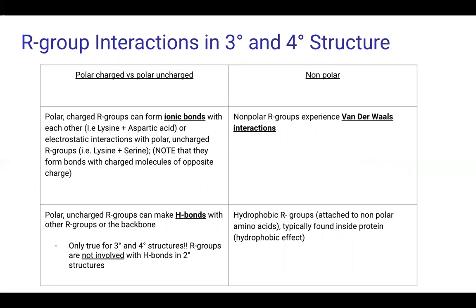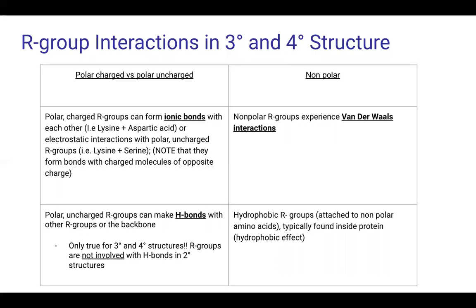Polar charged R groups can form ionic bonds with each other, so either two acidic or two basic, or an acidic and a basic amino acid, or electrostatic interactions with polar uncharged. So if you had like serine and lysine, so that blue box with either that green or pink box would make electrostatic interactions. Just a quick note that they form bonds with charged molecules of opposite charge.